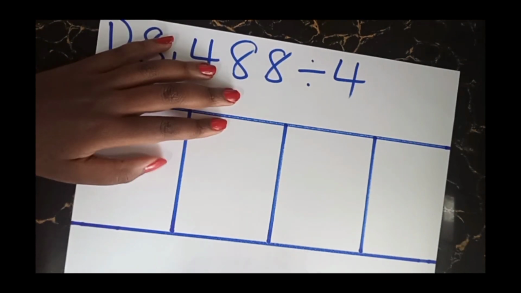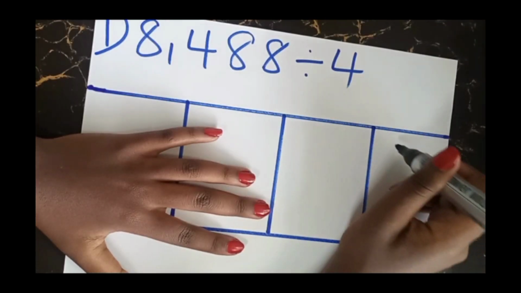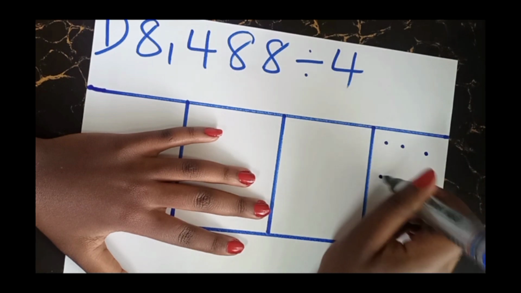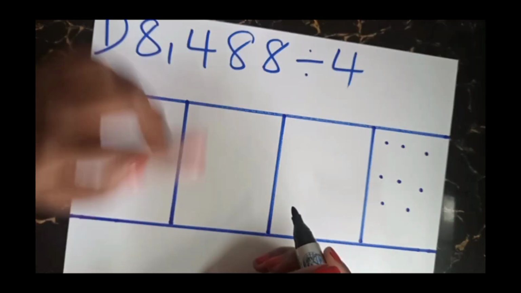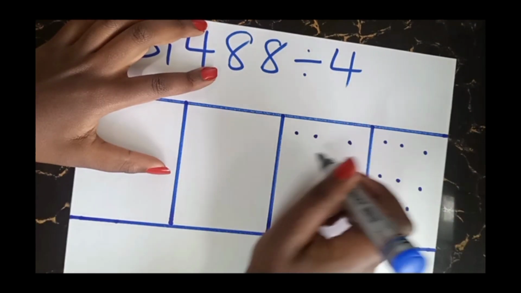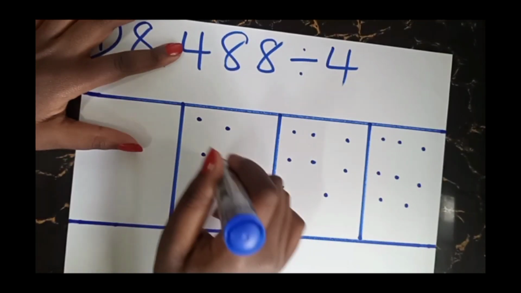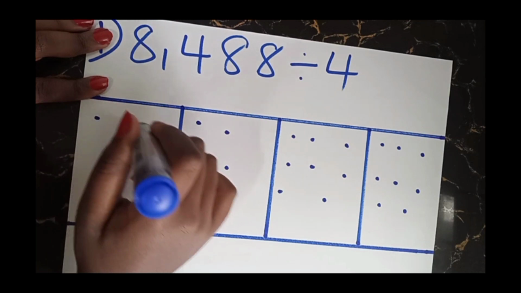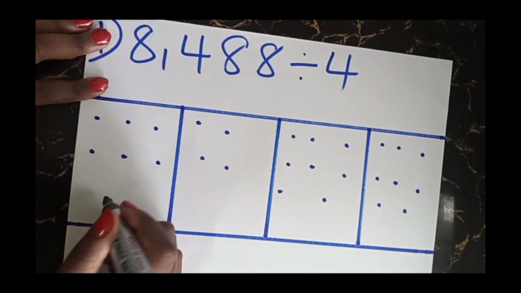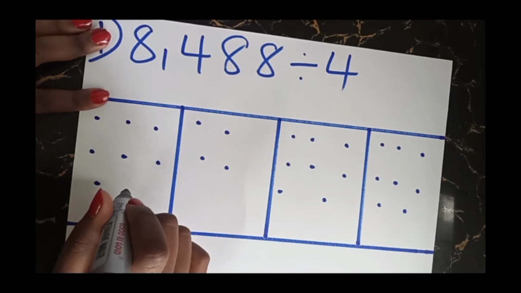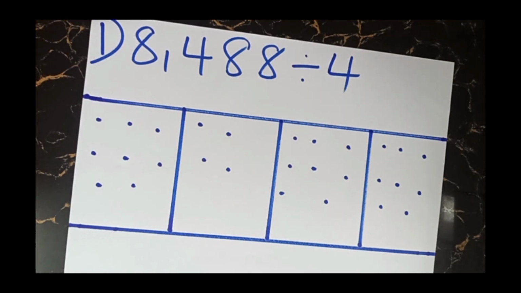So let's symbolize the digits with dots. So 8, let's draw 8 dots. 1, 2, 3, 4, 5, 6, 7, 8. 1, 2, 3, 4, 5, 6, 7, 8. 1, 2, 3, 4. 1, 2, 3, 4, 5, 6, 7, 8.